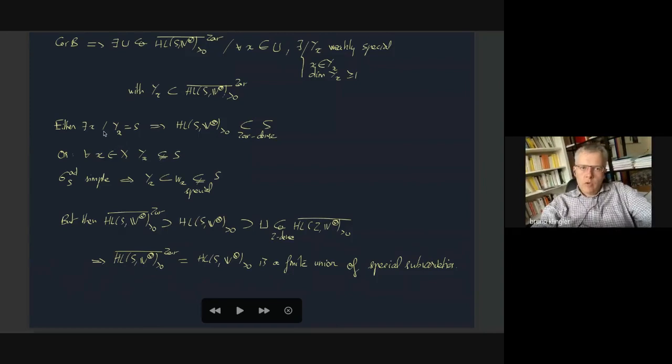So there is one trivial case where this weakly special subvariety will be the full S. But then this tells you exactly that this Zariski closure, which contains this leaf, which is a full S, has to be S itself.